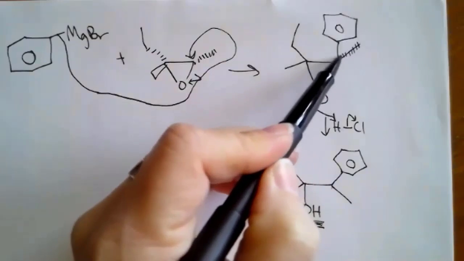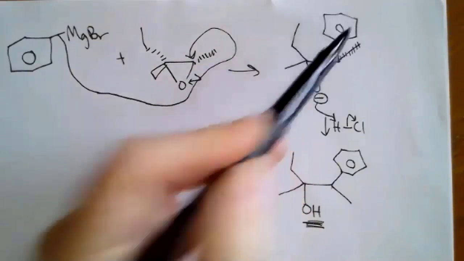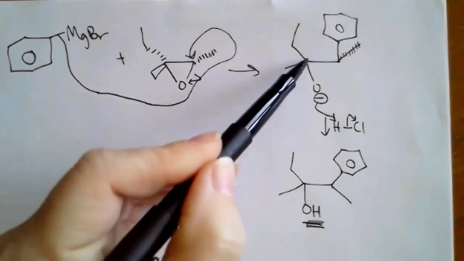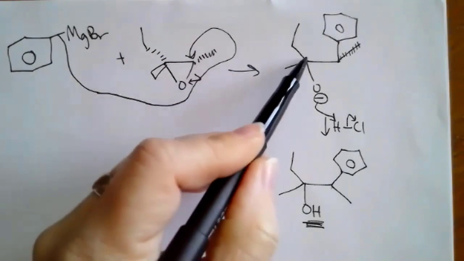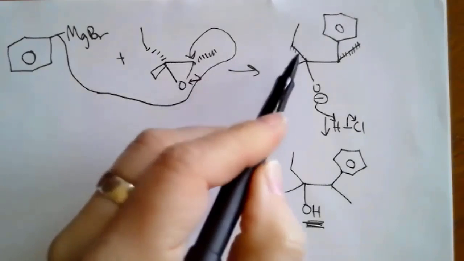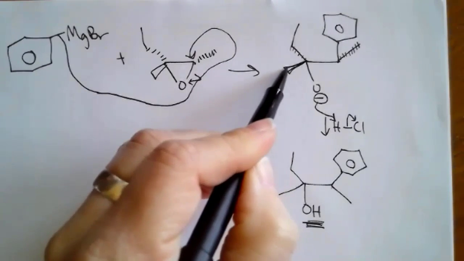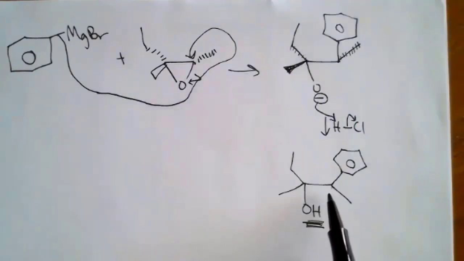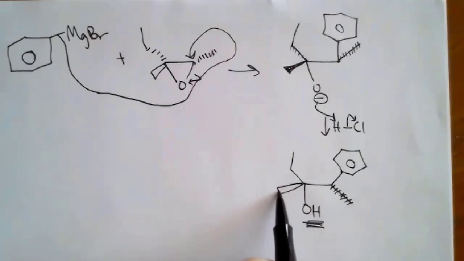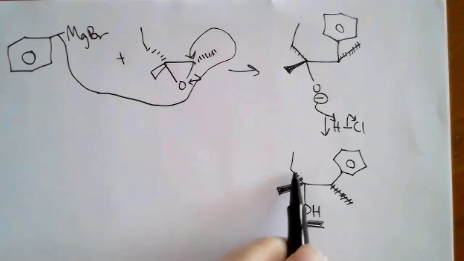Dashed, because I chose to point my benzene up. Was this carbon involved in the reaction whatsoever? No. Leave the stereochemistry alone. That center got inverted. That center was left alone. This center got inverted. This center was left alone.